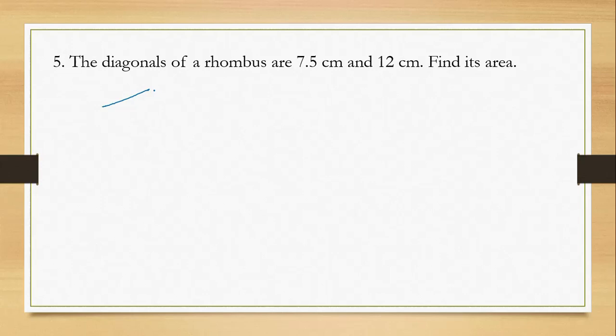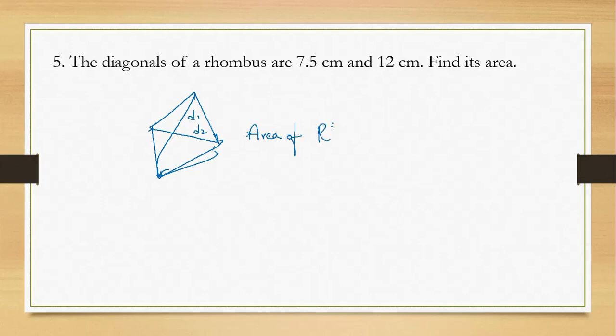They given that, and let us consider a rhombus. And this is the diagonal 1, and this is the diagonal 2. This is d1 and this is d2. We know the formula, area of rhombus is half of d1 d2. So they are given directly, that is half into 7.5 into 12.